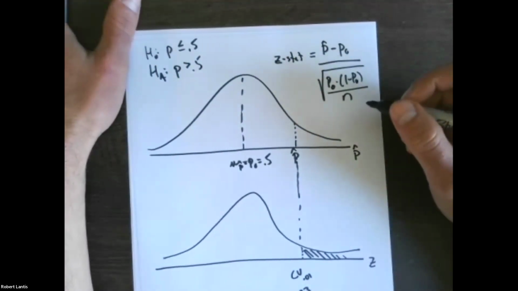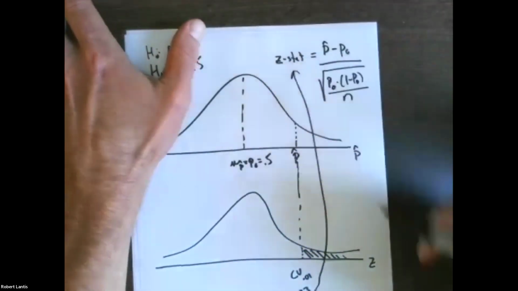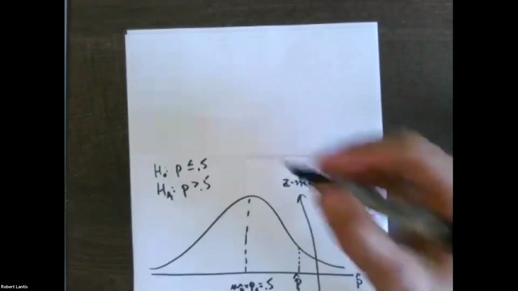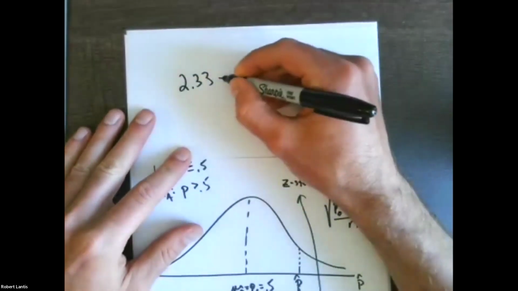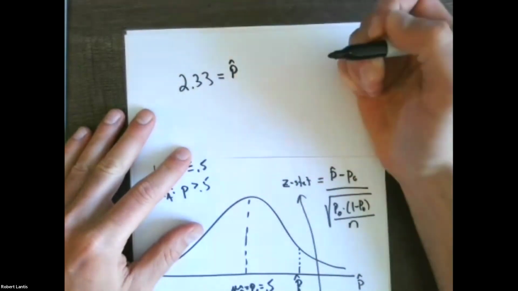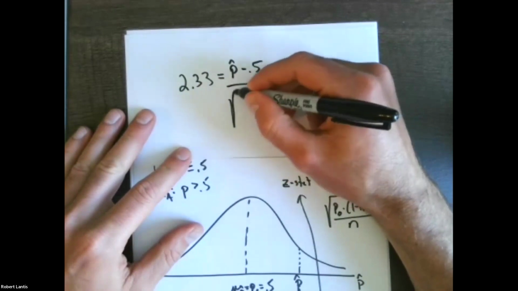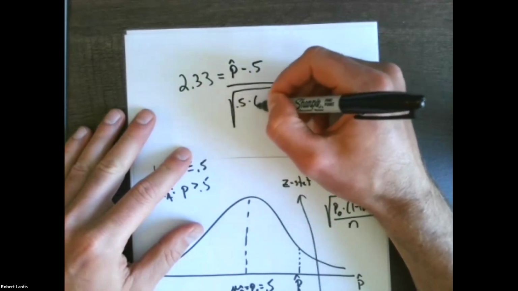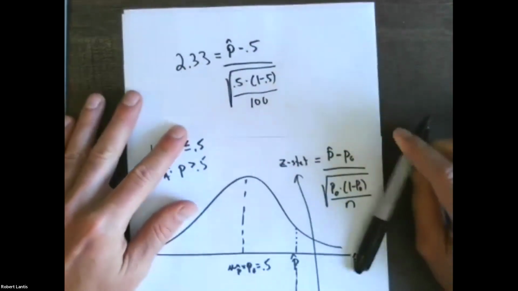Now it's just a matter of plugging everything in. I know the z value that I'm looking for is 2.33. So 2.33 is equal to, and then I've got a sample proportion. Well, that's what I'm looking for. What's that cutoff? Assumed true proportion of 0.5. 0.5 times 1 minus 0.5, sample size of 100.